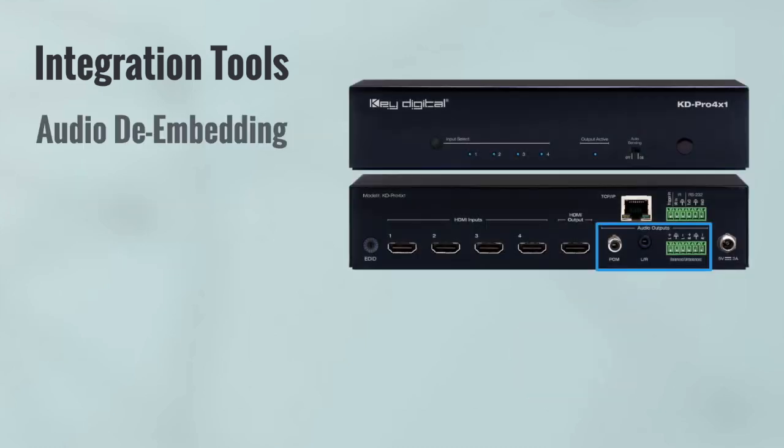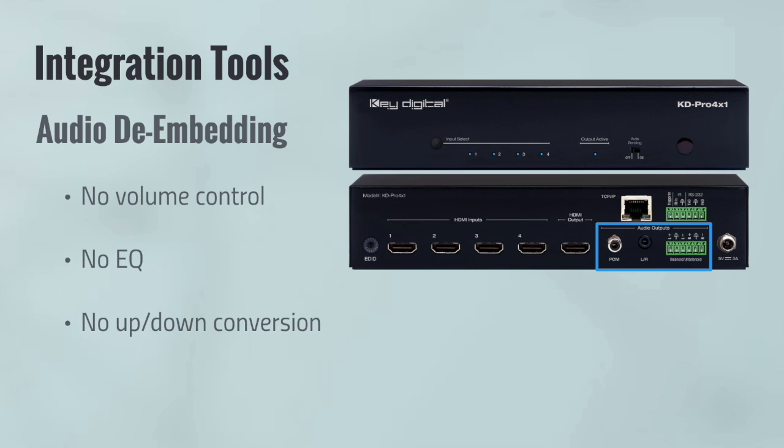Yet another integration tool of the KD-Pro 2x1 and 4x1 is audio de-embedding. You have a 6-pin Phoenix connector for analog, balanced or unbalanced audio, an additional analog connector on a 3.5mm TRS stereo tip ring sleeve, and digital on PCM coaxial.